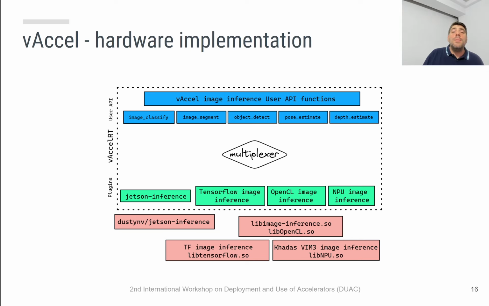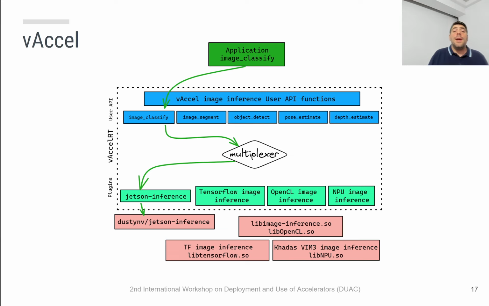The TensorFlow image inference plugin calls a TensorFlow program that implements image inference using TensorFlow and all the relevant dependent libraries, etc. The NPU image inference, for instance, calls the specific custom implementation on an AM Logic CADAS Vim3 chip that does image inference.